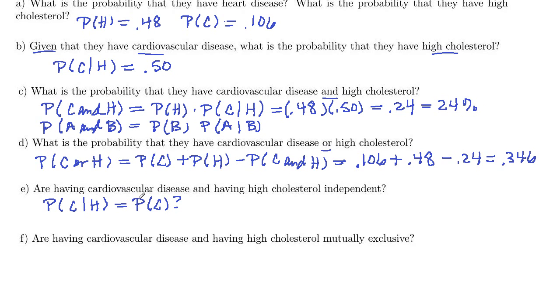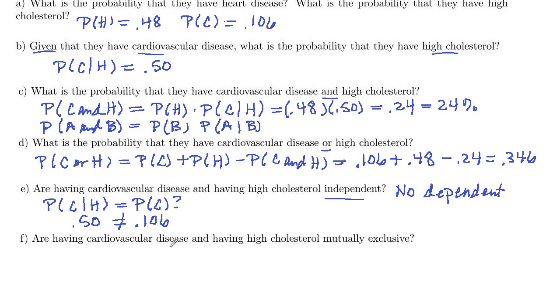If these are equal, the given event does not make any difference and the events will be independent. If they're not equal, they're dependent. So C given H, that was 0.50 here. And then probability of C, that's our 0.106 there. And we can see that those are not equal. So are they independent? No, they are dependent.